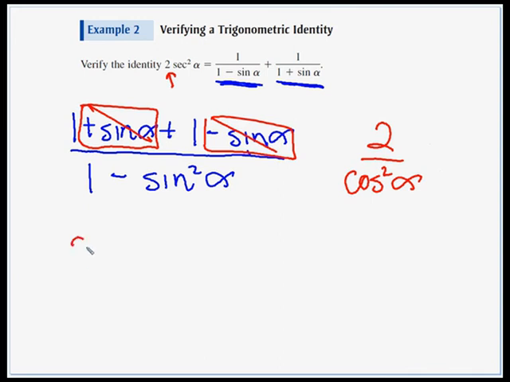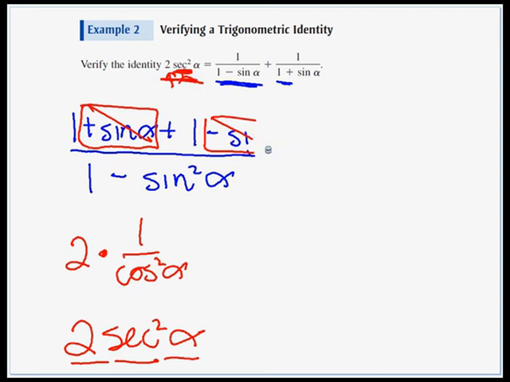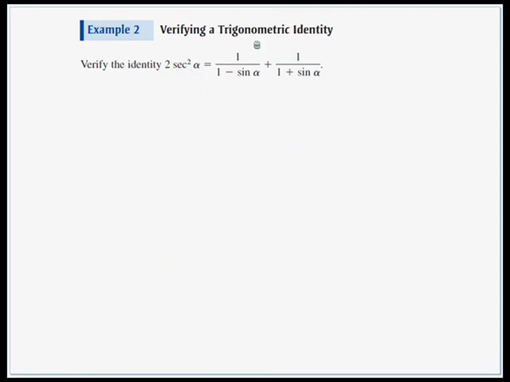I'll have 2 times 1 over cosine squared of alpha. And cosine squared is the reciprocal of secant squared. So I can replace 1 over cosine squared with secant squared alpha. 2 secant squared alpha is exactly where we wanted to get to. And that's the only way I've found, but there might be more than one way to turn that into what we have on the left.